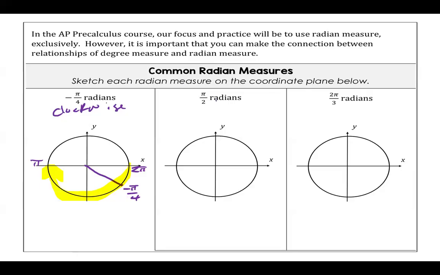This one says it's positive, so we're going to go counterclockwise. And what does it want me to do with pi? Divide it in half. So again, this time we're now going counterclockwise.